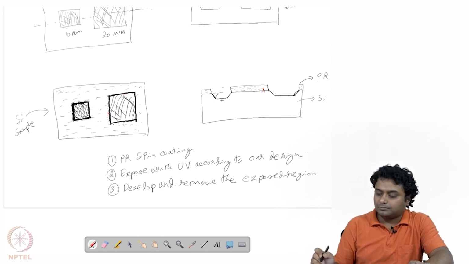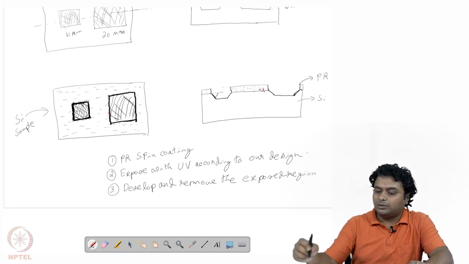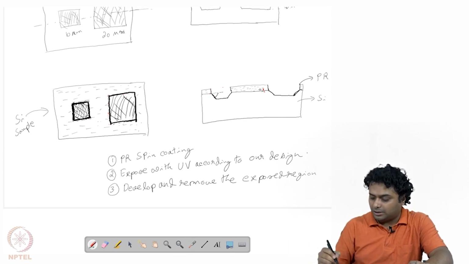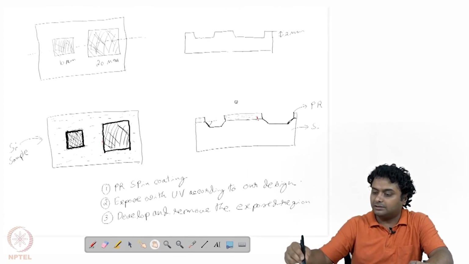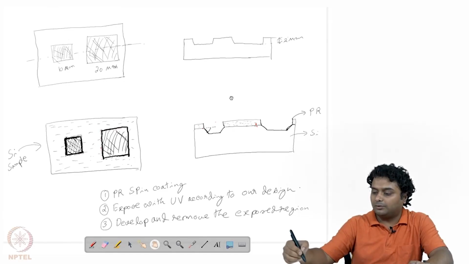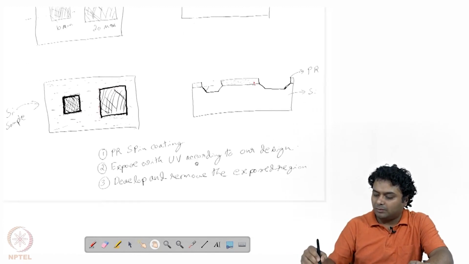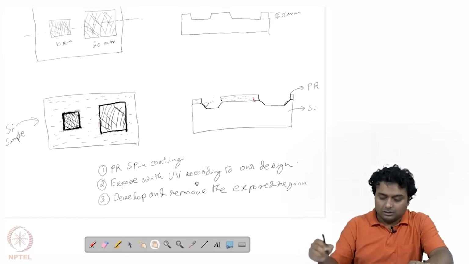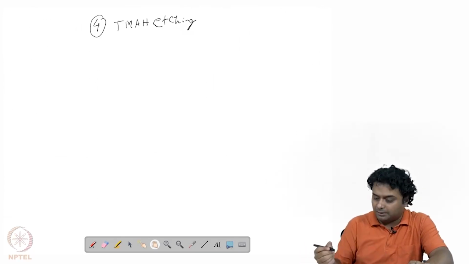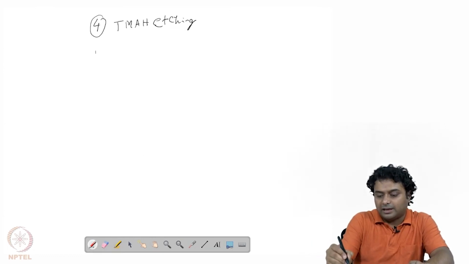Now, you see that we have already achieved whatever was our requirement. But the PR is still remaining in the other region, right. So what we will do is remove that extra PR using a solvent like acetone.